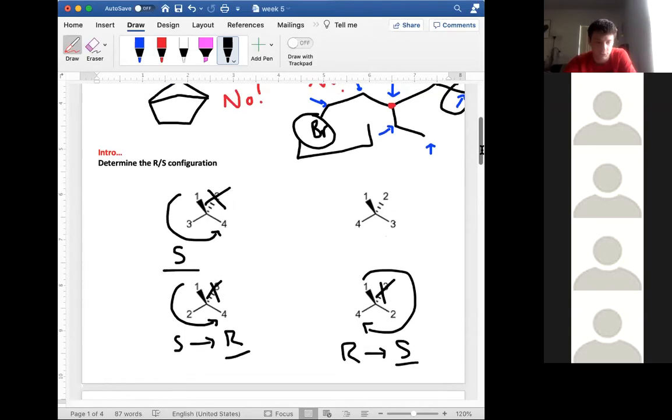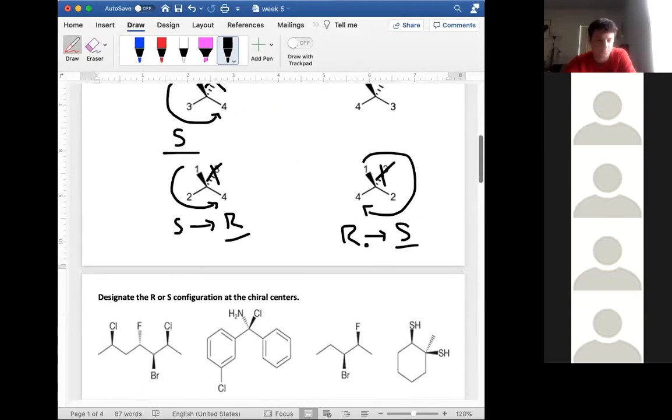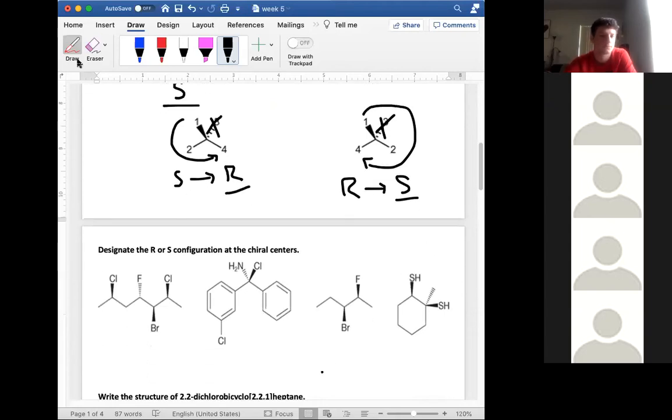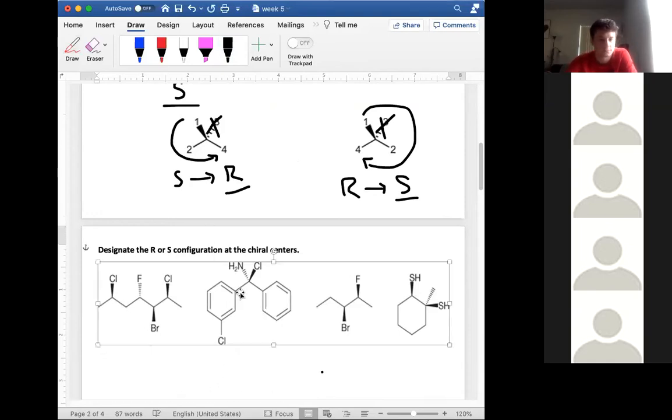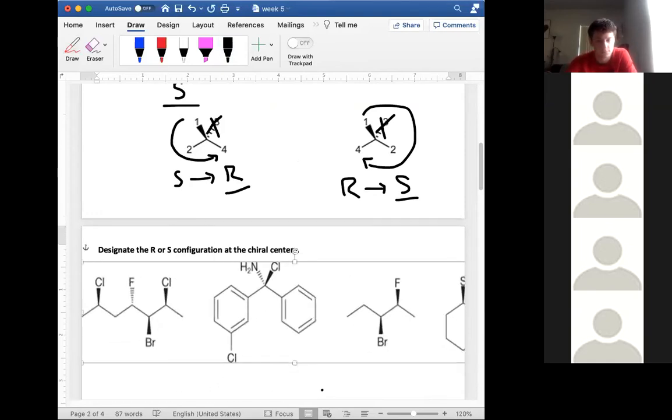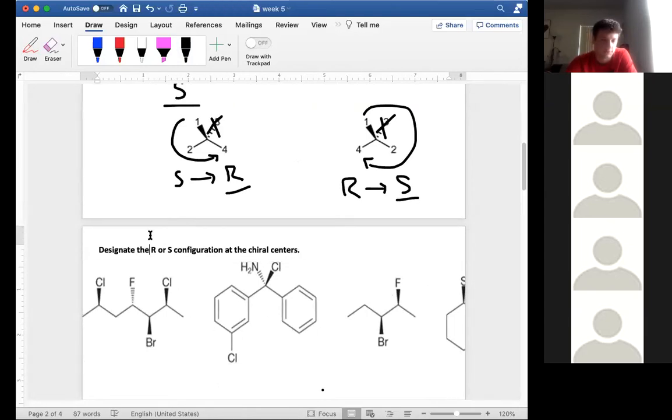So to go on to bigger and better examples. So the one on the left, let's just start from the right.